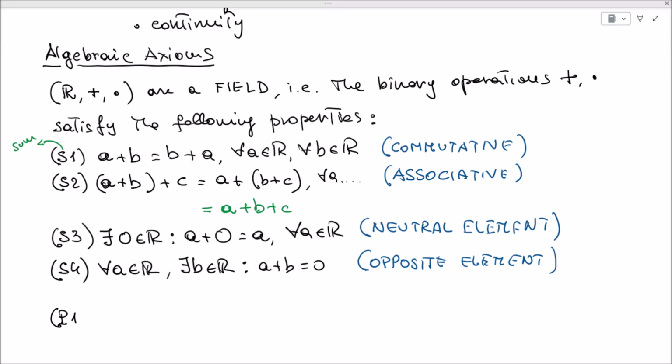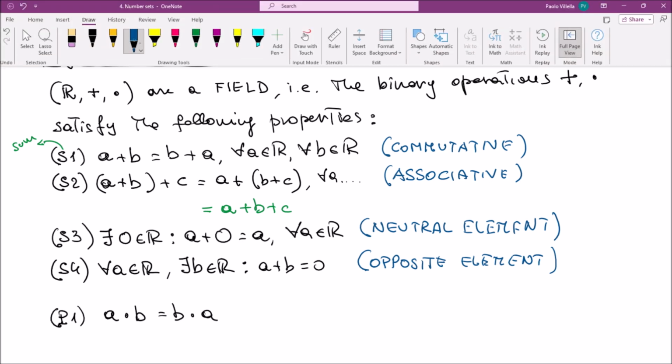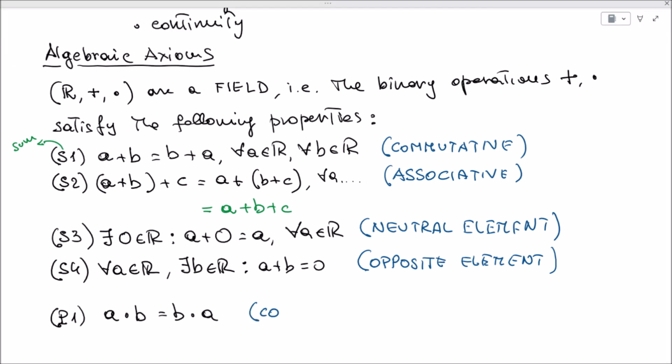We have a first axiom, P1, which says that A times B is equal to B times A. And we recognize, of course, once again, the commutative property for the product.